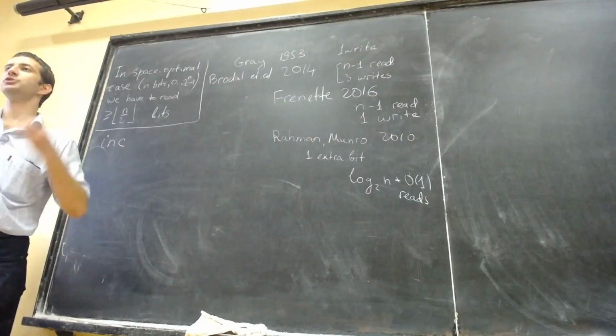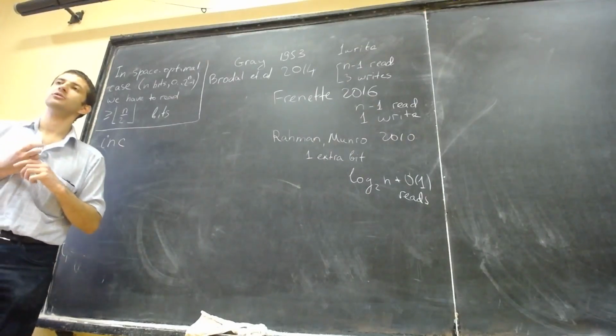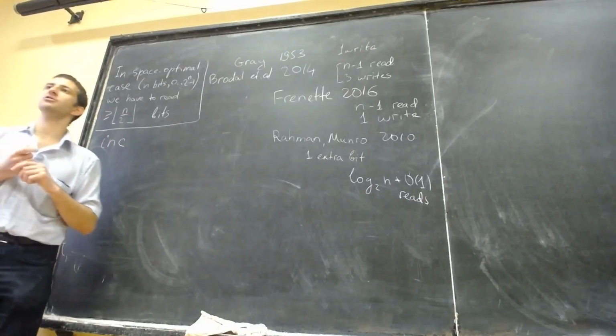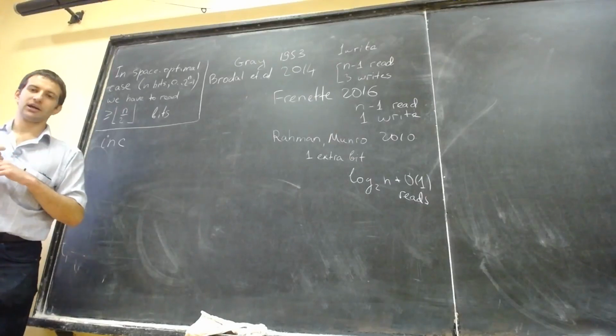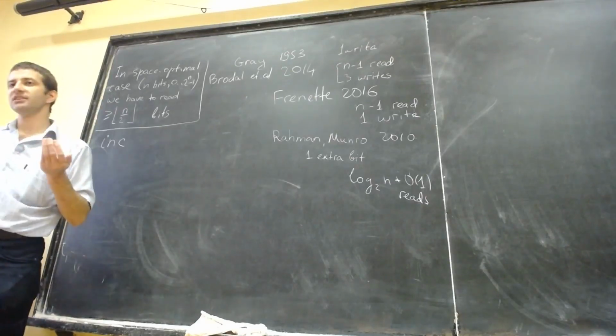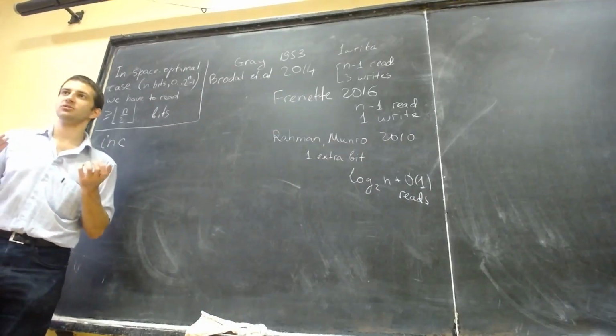But there are also alternative representations, such as Gray code, by Frank Gray. And I study how many bits I must read for an arbitrary representation.